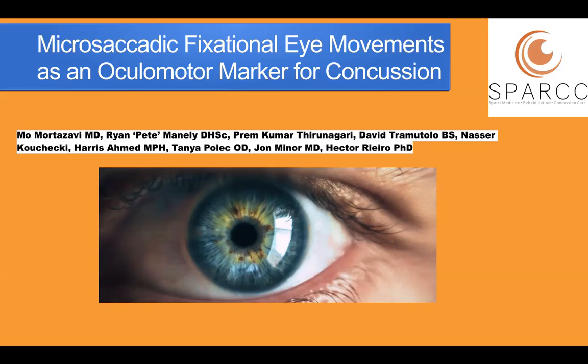And that can really guide management with respect to return to learn, recommendations that you have, how much visual load can they handle, do they need vision therapy, do they maybe need prism orthoptics to help them with stabilizing their microsaccades, particularly if they've got a large vertical component, and so on and so forth. So these are all areas that we're trying to look into further in studies.